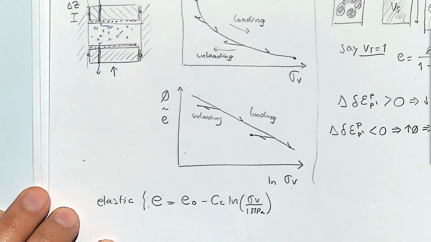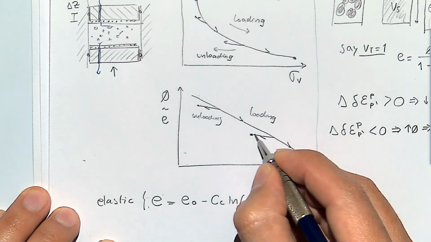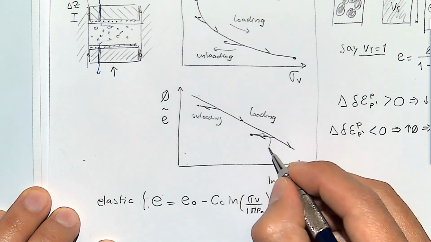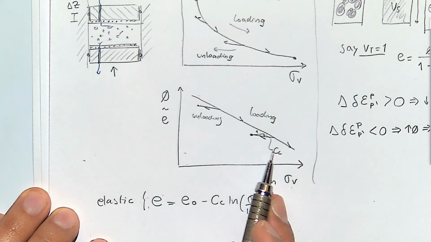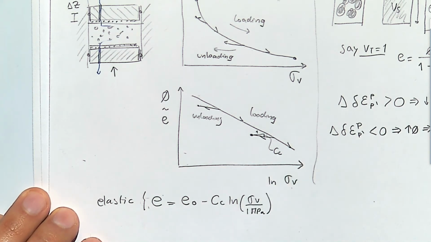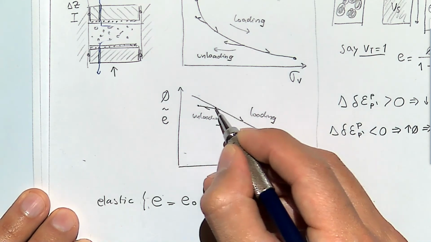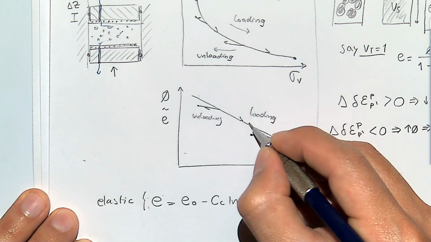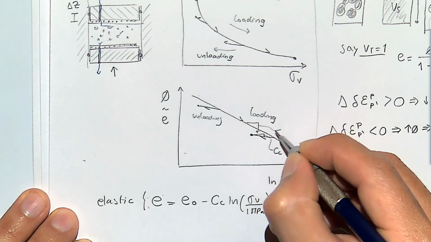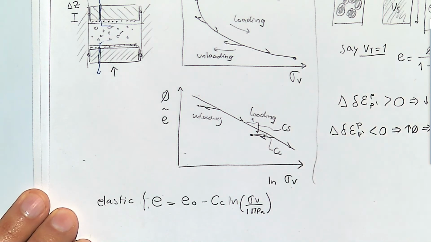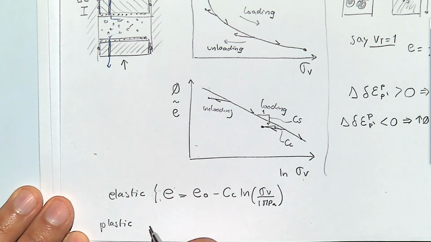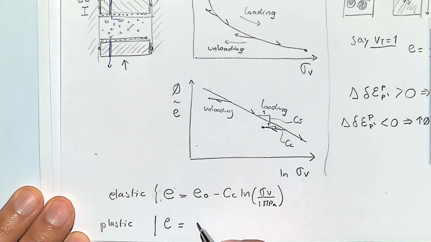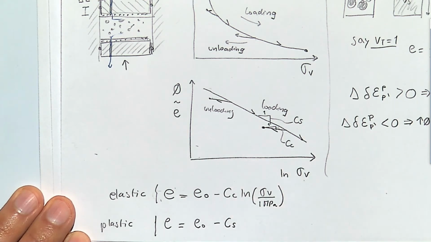If this is equal to 1, CC is going to correspond to the slope of that unloading curve. But notice that in the loading region, if this is equal to 1, this is another one which is called CS, which corresponds to the plastic part, and in that one it's the same equation but with CS.